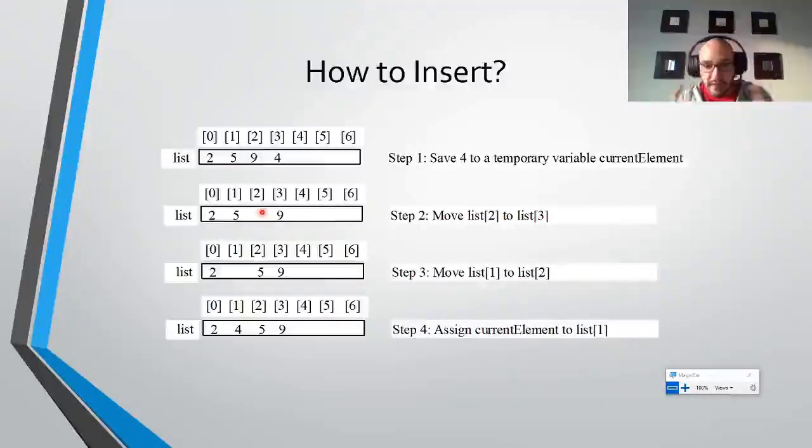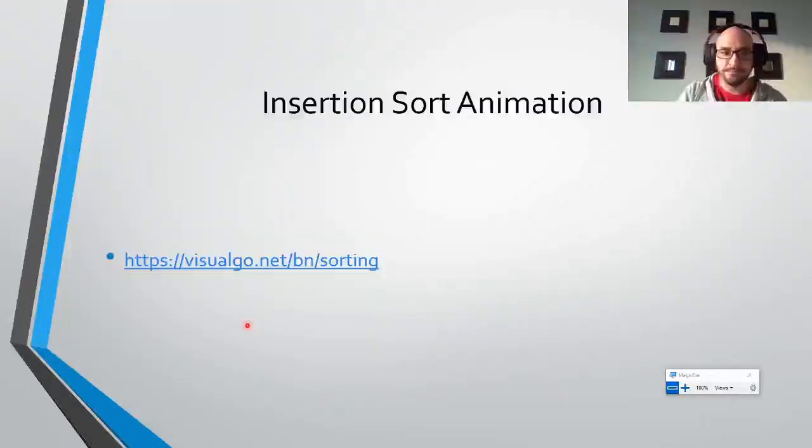I just move them one by one. And then once the element at position 1 is empty, which is where 4 goes, I just take it from the temporary variable and insert it in there. So that's exactly the mechanics that we are going to try to code now.